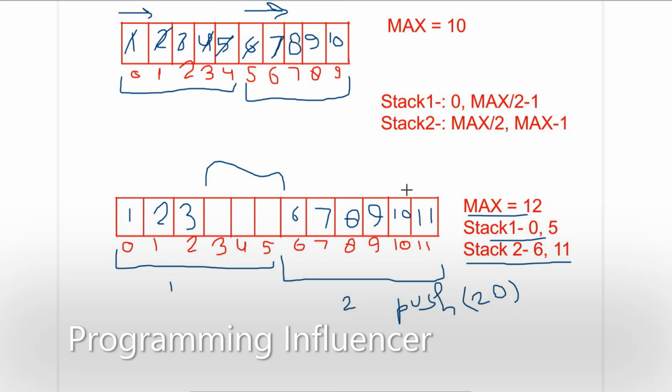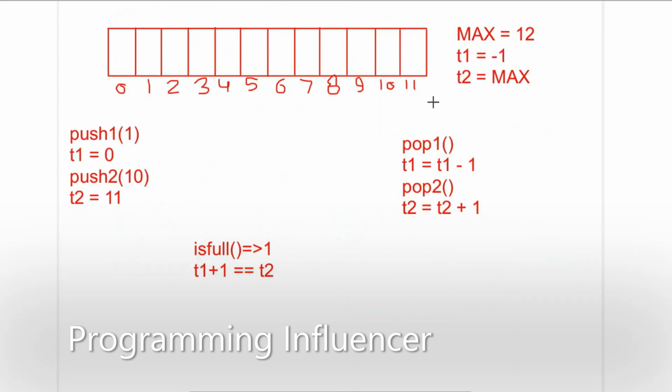To solve this problem we have another approach for implementing two stacks. You can see here we have max capacity 12, and t1 equals -1 and t2 equals max.